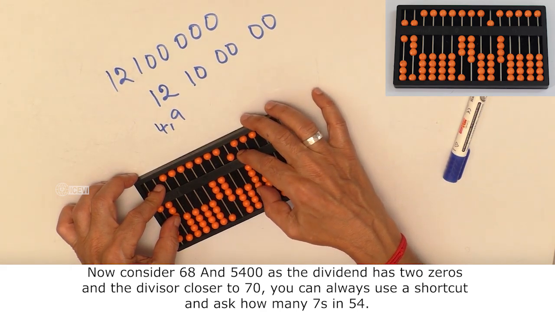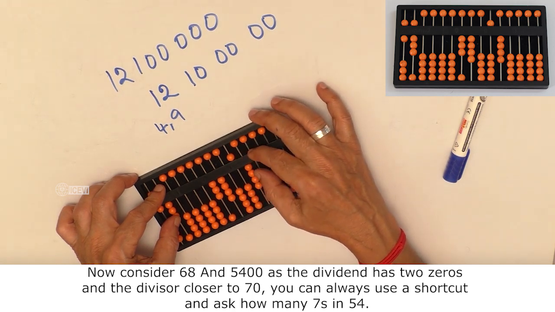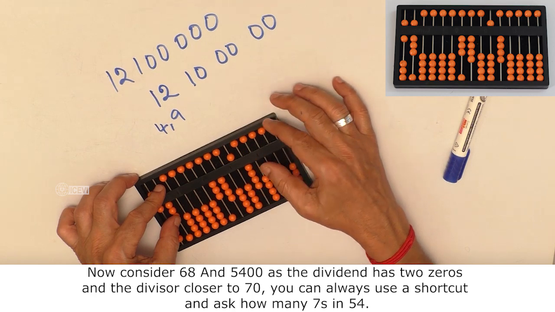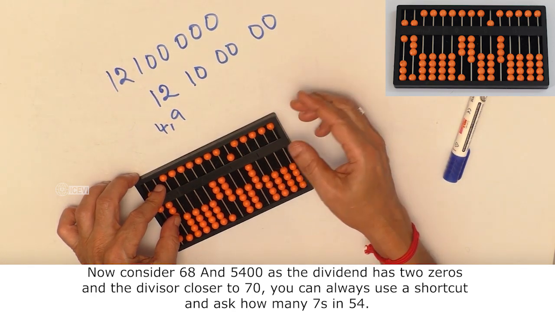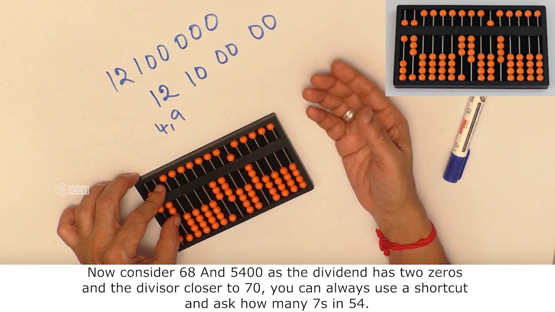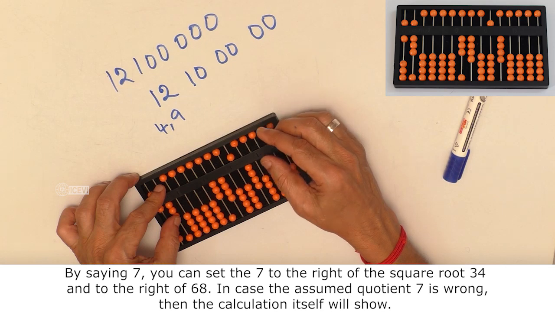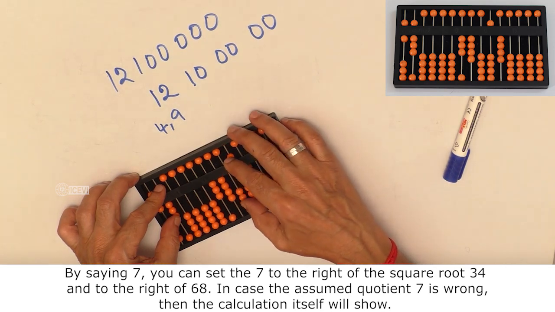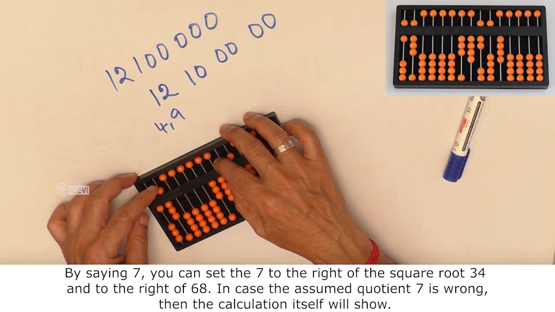As the dividend has two zeros and the divisor closer to 70, you can always use a shortcut and ask how many 7s in 54. By saying 7, you can set the 7 to the right of the square root 34 and to the right of 68.